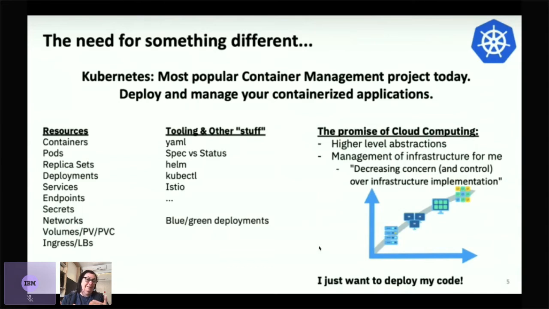What are replica sets? What are deployment services, endpoints, secrets, and all those resources that we need to take care of. Also, we need to learn about other toolings, like how to create a YAML file that declares our resources. We need to learn about Helm charts. We need to learn kubectl language, etc., etc.